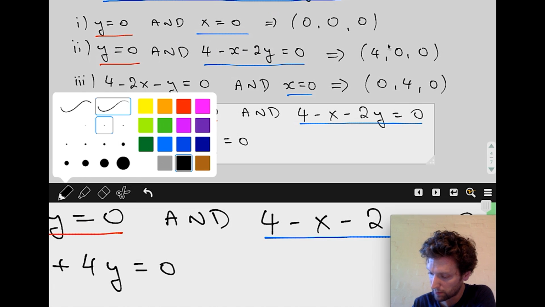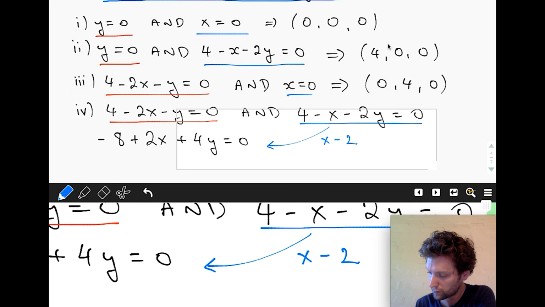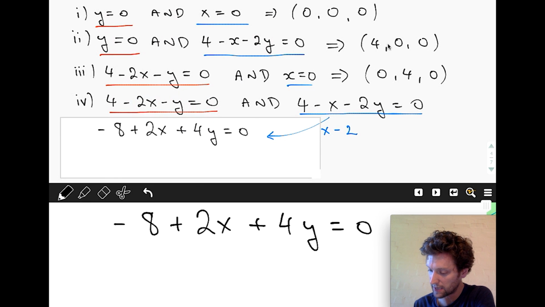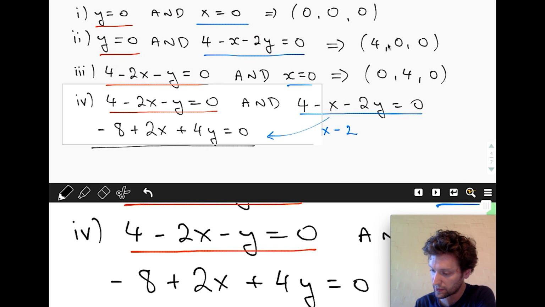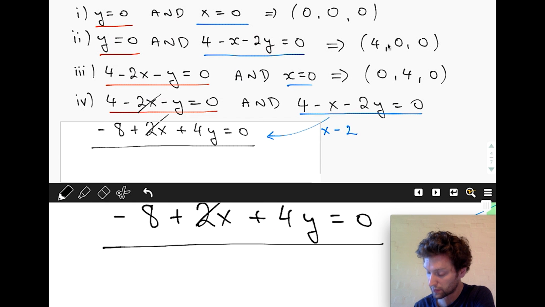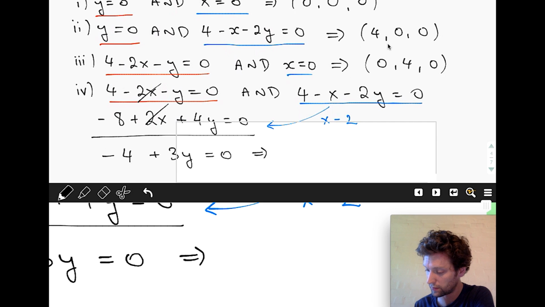So what I did there was I took my blue condition by minus 2, and I'm going to add together those two equations. You see that the two x's cancel. 4 minus 8 is minus 4. Minus y plus 4y is plus 3y, which I can solve to give y is equal to 4/3.